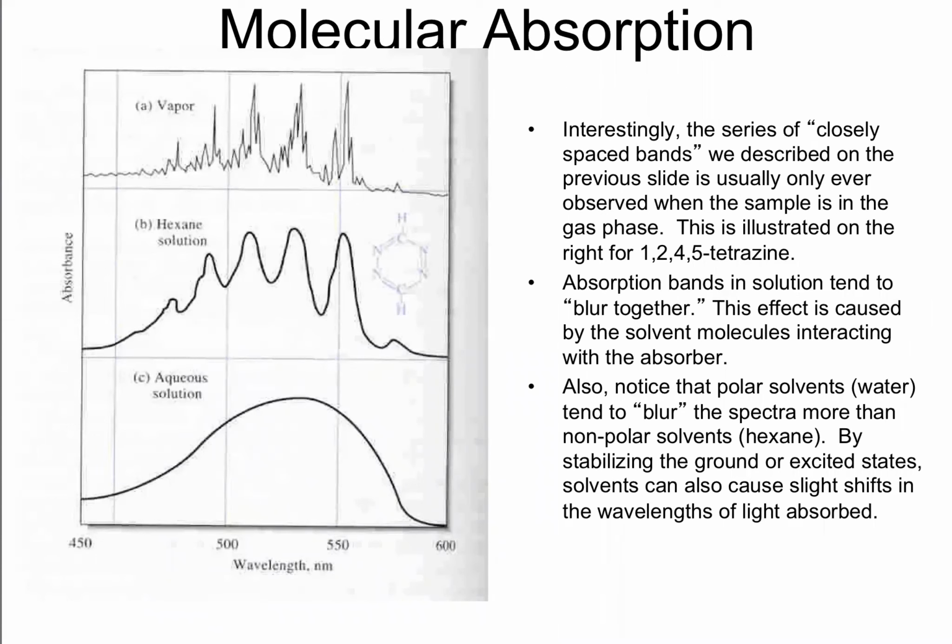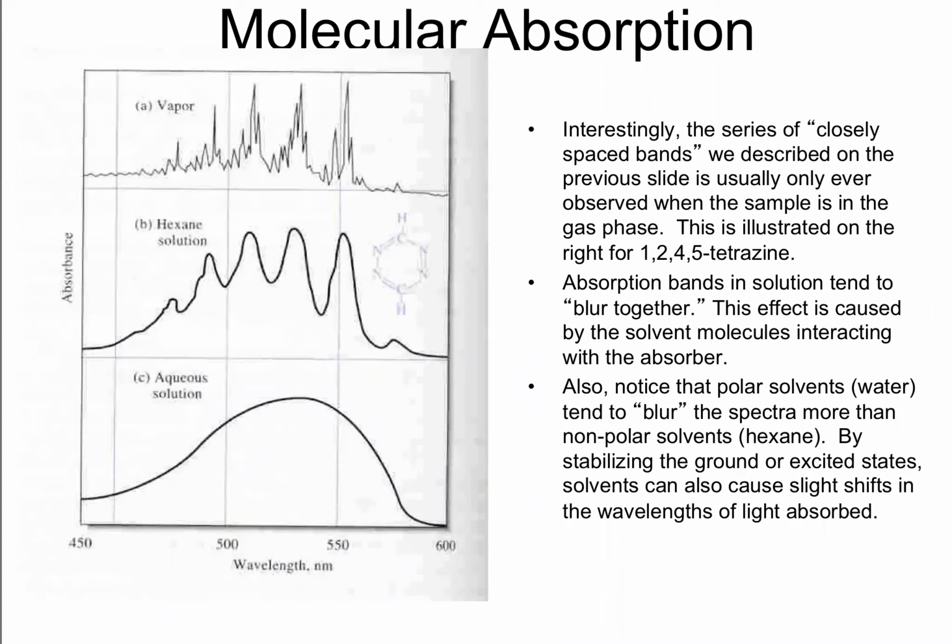I just get a big old hump there. So yeah, it's absorbing some light, but I don't see any discrete individual peaks at certain wavelengths anymore at all. It's been completely blurred out. And this is normally encountered when we start taking our molecules which absorb light and putting them into different solvents. And this effect is worse in polar solvents.